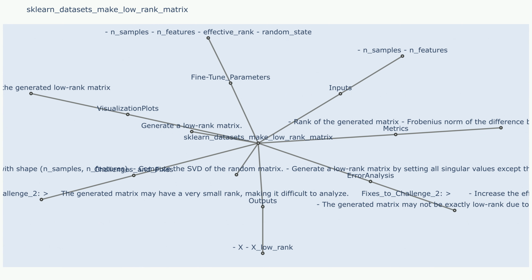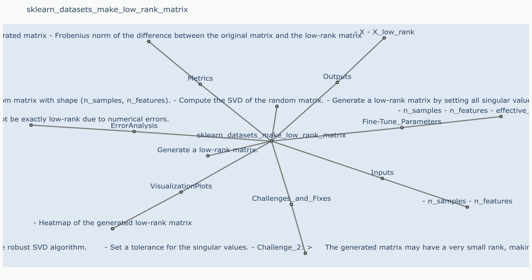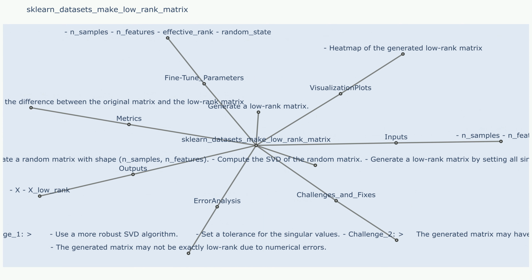Challenge 2. The generated data may not be representative of real-world data. The random matrices used in the generation process may not accurately reflect the underlying structure of real-world datasets. Sample use case that resulted in challenge 2.